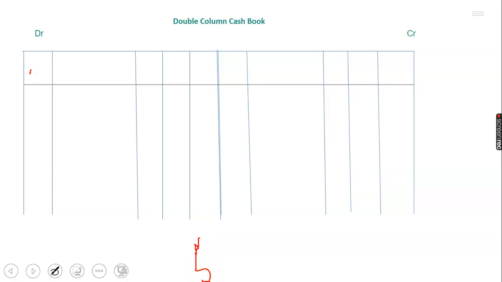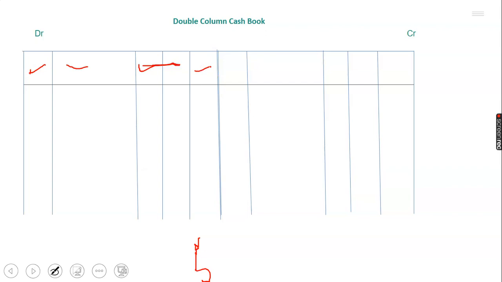We have this column for date, then column for amount, then column for folio, then column for cash, and then column for bank transactions.